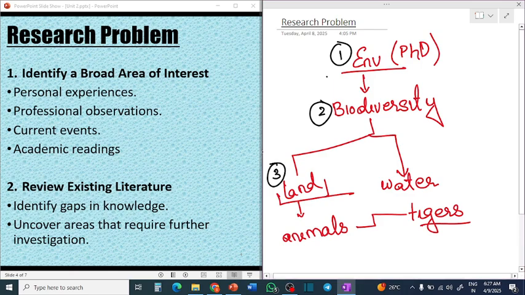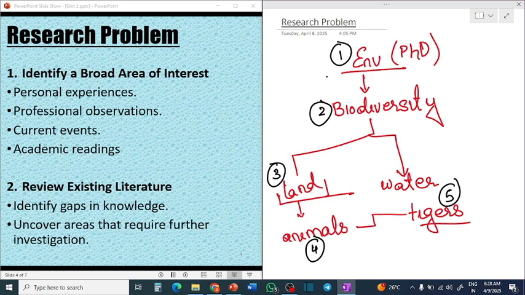In that particular discipline, you will refine it more. And finally, when you define it, you will arrive at your particular topic. So this is a way in which you can identify a broad area and then learn about it more and more so that you can define your topic. So you have selected that you will do a topic in which you will learn about the tigers.